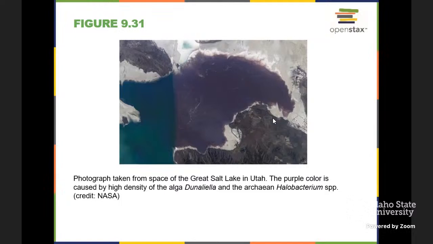There's not as much fresh water coming into the northern portion as there is in the southern portion. And in both portions, especially in the northern portion, a lot of that water is diverted for agriculture and not allowed to go into the lake.